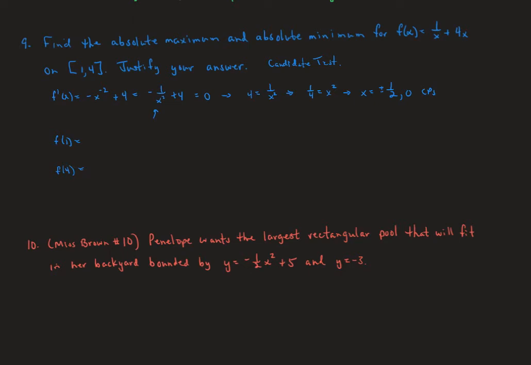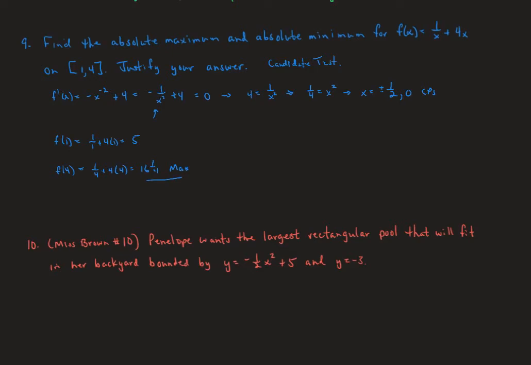The largest of these values will be our maximum, and the smallest will be our minimum. If we plug in 1, we get 1 over 1 plus 4 times 1, which is 5. If we plug in 4, we get 1/4 plus 4 times 4, that's 16 and 1/4. So this is the absolute maximum.